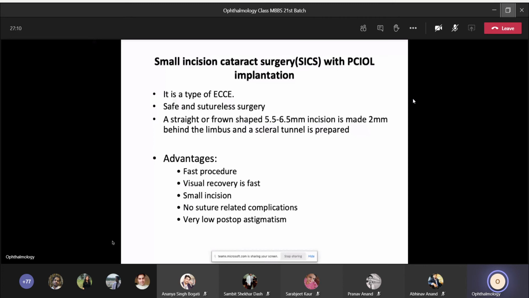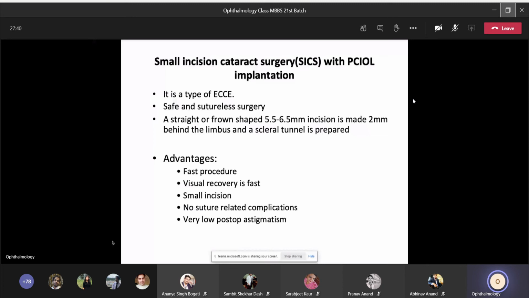We don't have to suture, so the patient won't experience any foreign body sensation, and it's time-saving. You can finish a surgery within 10 minutes. It's also cost-effective because we don't need to use suture. There are lots of advantages in this surgical technique.